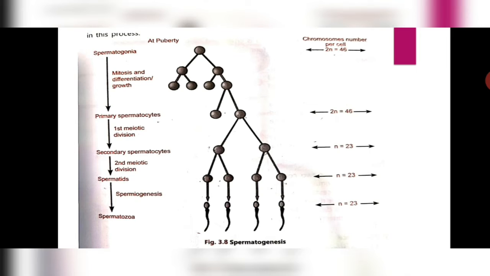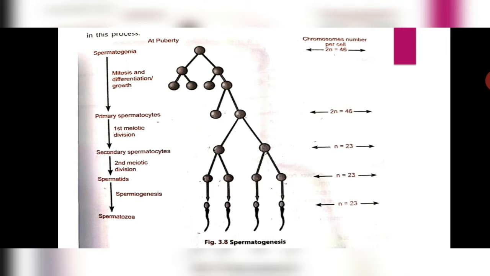So, secondary spermatocytes are a result of first meiotic division. The secondary spermatocytes undergo second meiotic division to form haploid spermatids. Now, 4 haploid spermatids are formed.